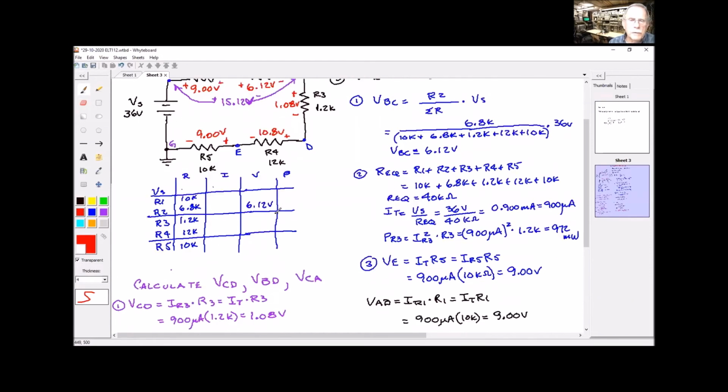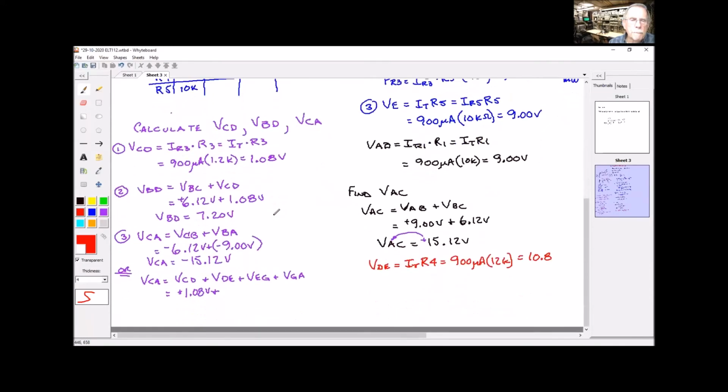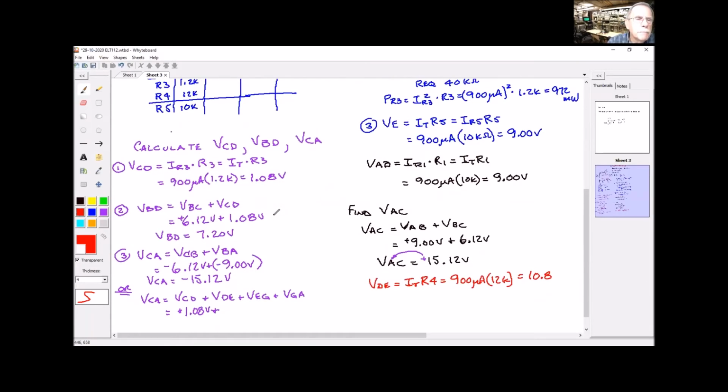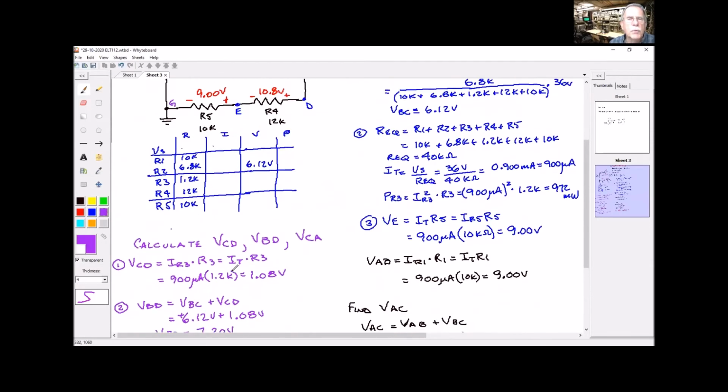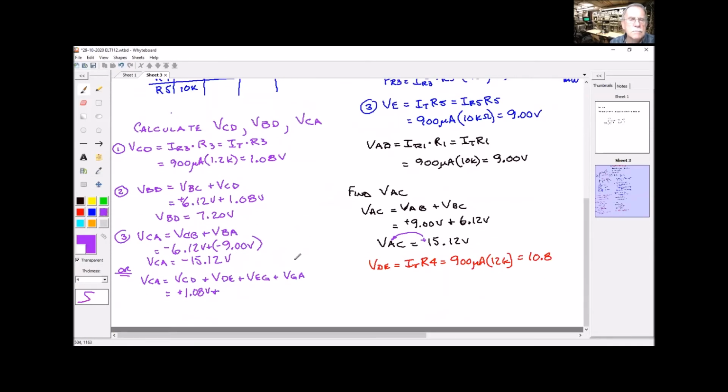So VDE is 10.8. And if you look, the D end is the positive end, so that stays positive. VEG is 9 volts, and the E end is the plus end, so it stays positive.